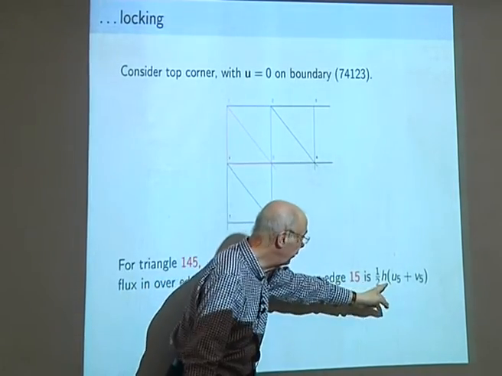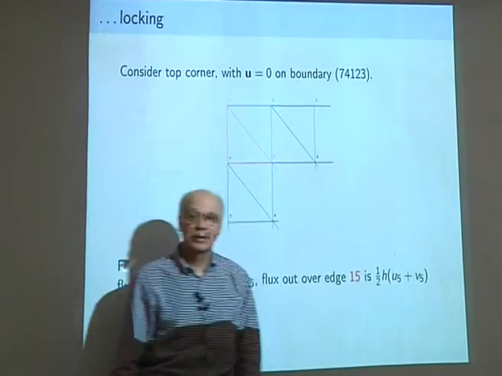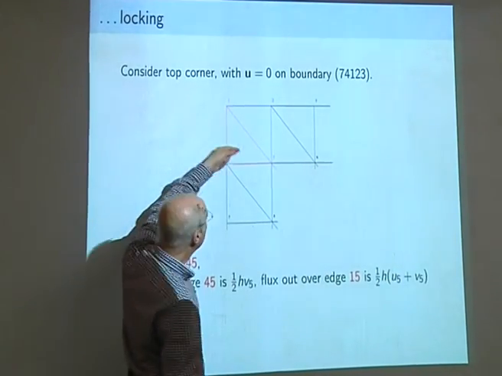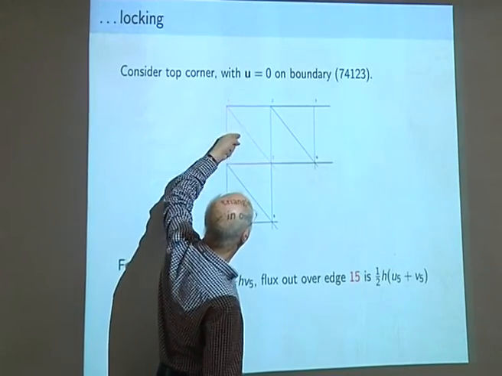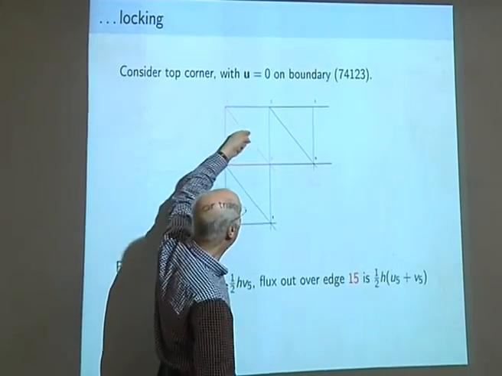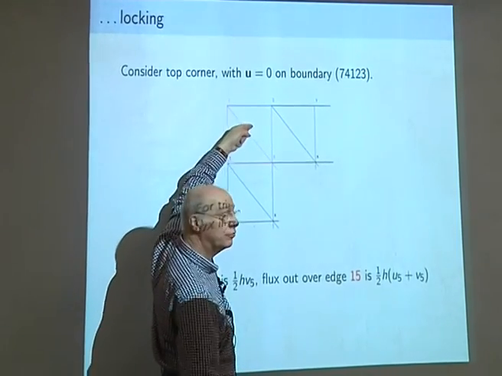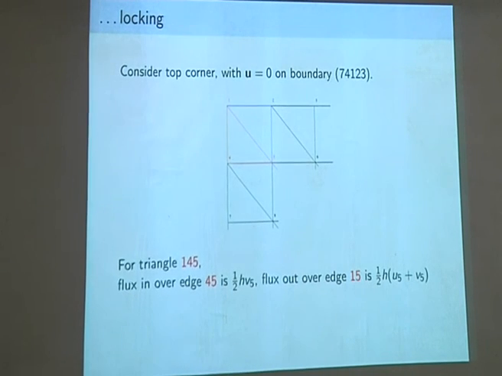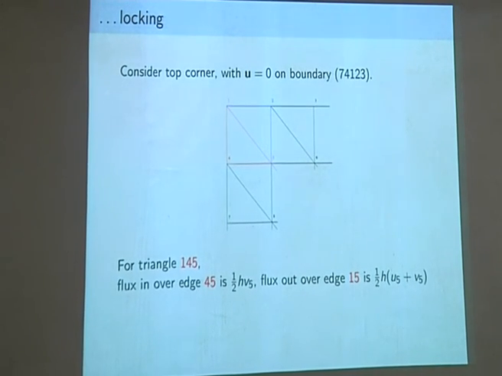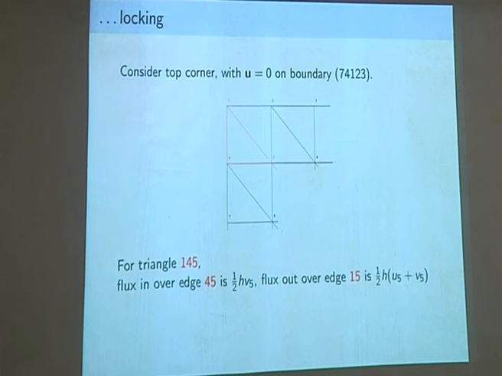So it's a half h times v5, plus, of course, there's a horizontal velocity u5 here, and there's going to be a flow outwards, which is going to be a half h u5. The half is because of the linear variation, and resolving to a normal component, which is 1 upon the square root of 2, multiplied by h times the square root of 2.